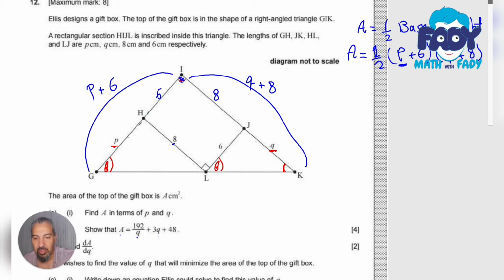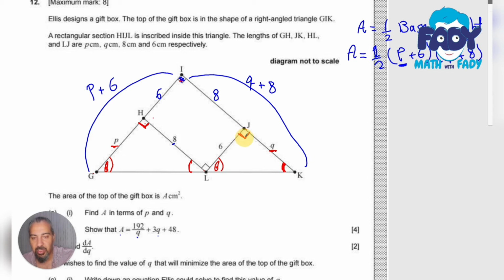So if we look at this small GHL, this is 90 because of the rectangle. So we have 90, we have theta, so definitely this will be the same as this angle K. The same situation in this small triangle JLK.